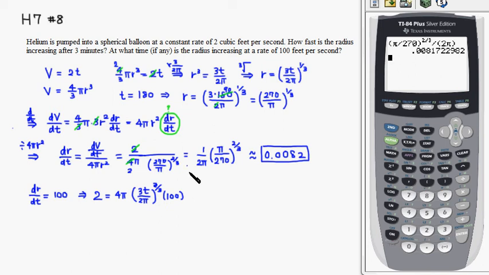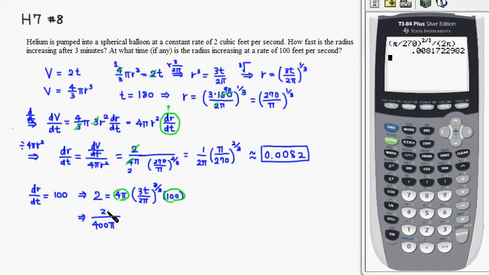So let's do that. First we want to isolate t here, so I'm going to divide through by 4 pi and 100. So this is going to be 2 over 400 pi, since we took care of 4 pi and also 100.